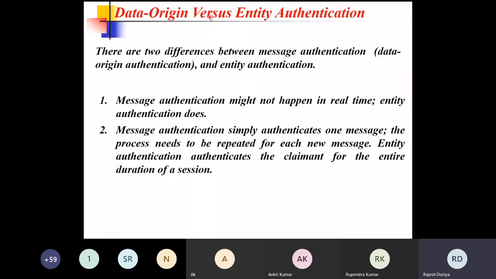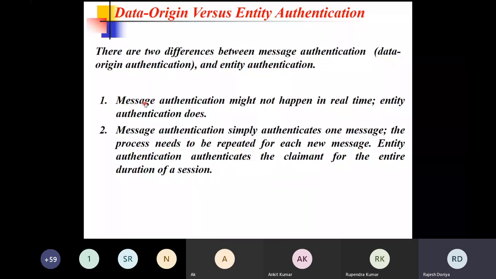The difference is, whenever we talk about message authentication, it means that particular communication might not happen in real time. And the moment we talk about entity authentication, this type of communication generally happens in real time. This is one of the major differences between these two.